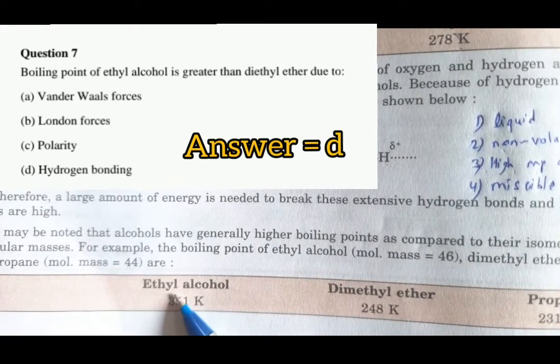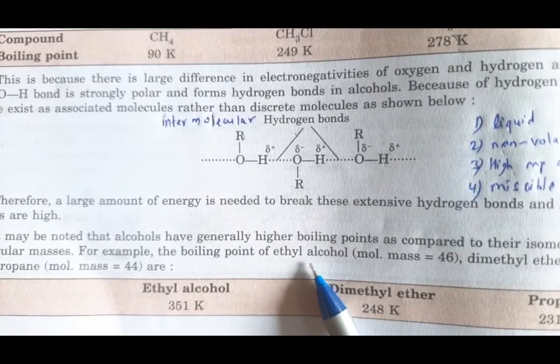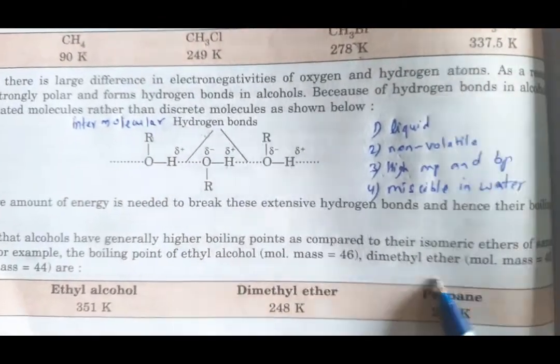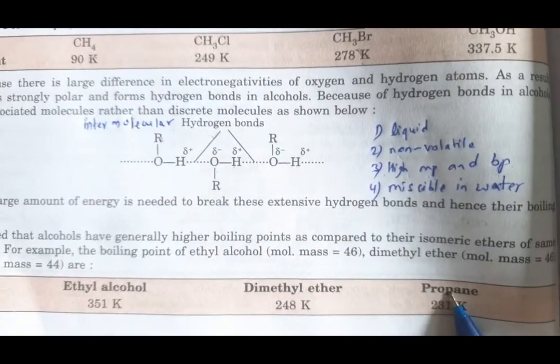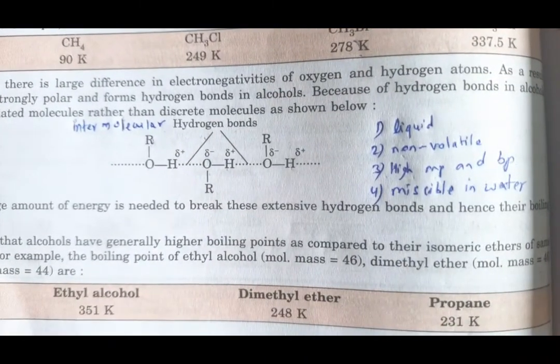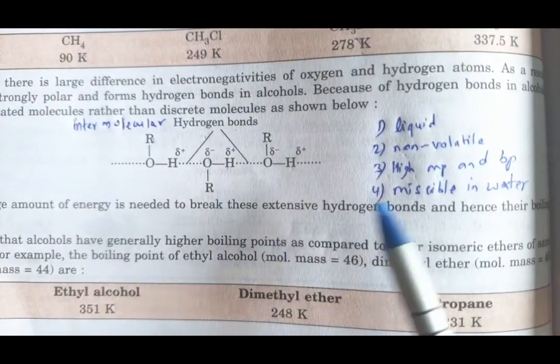Ethyl alcohol and dimethyl ether have the same molecular mass. Ethyl alcohol's molecular mass is 46, and that of dimethyl ether is also 46. You can see here the molecular weight is 46. So the molecular mass is the same, but ethyl alcohol shows intermolecular hydrogen bonding, whereby it is non-volatile.